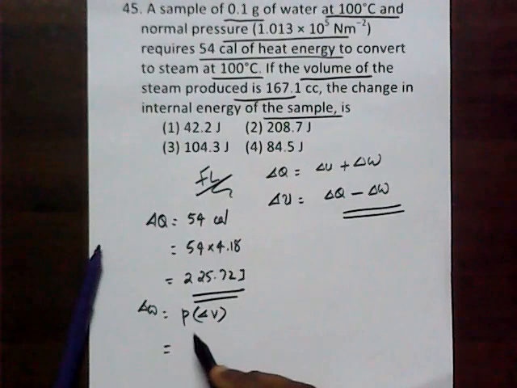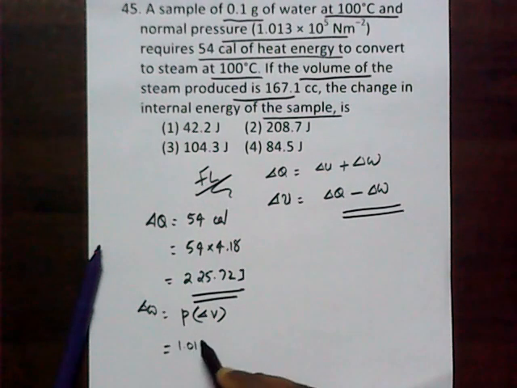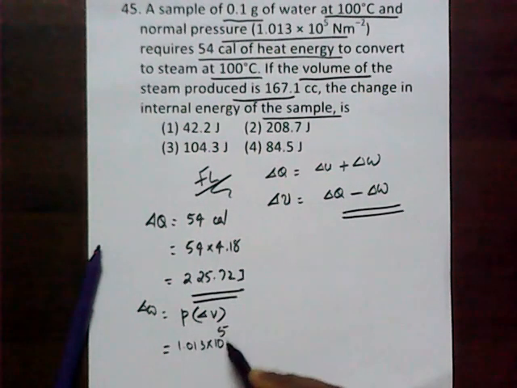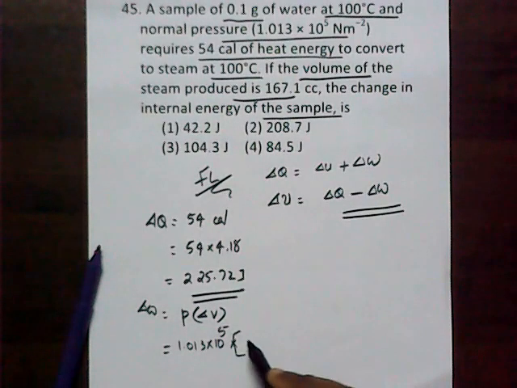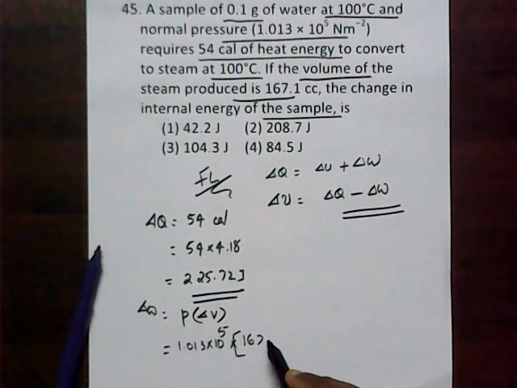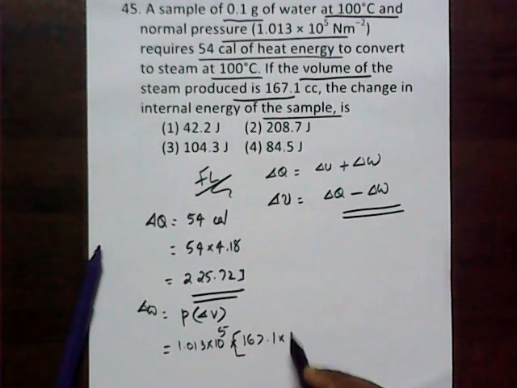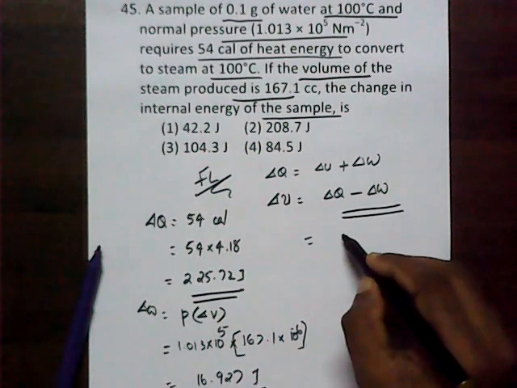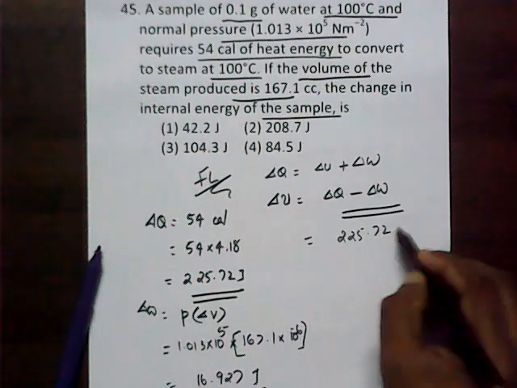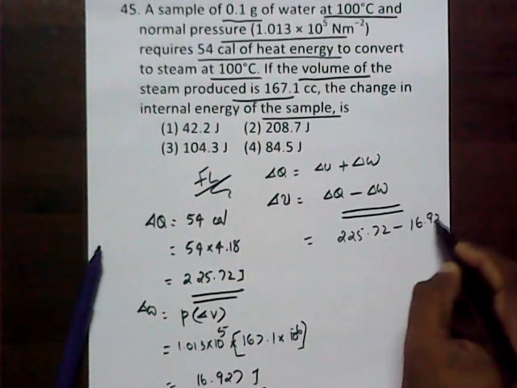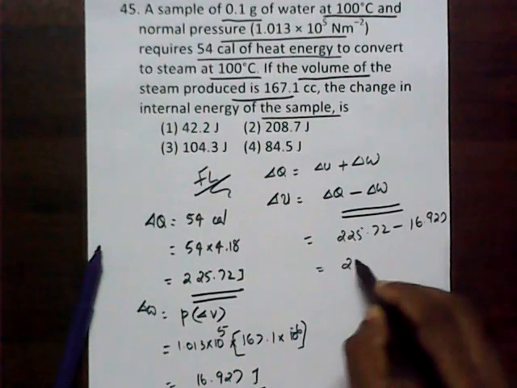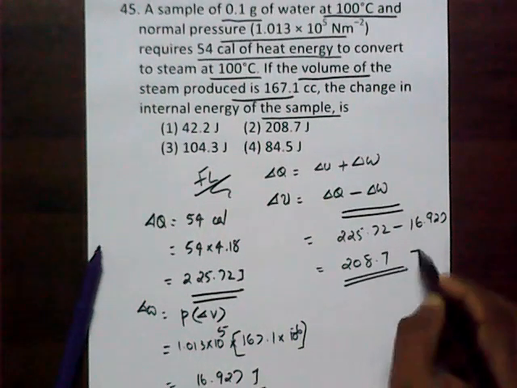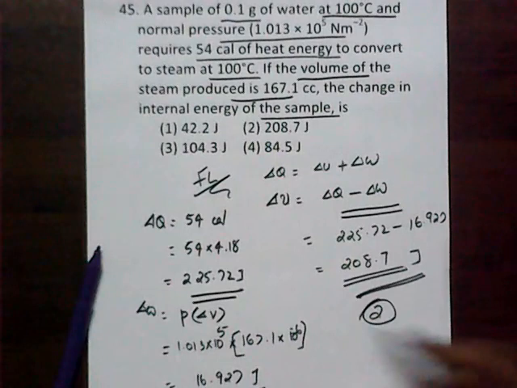The pressure is atmospheric pressure, 10 raised to 5, into the volume change 167.1 cc, that is 10 raised to minus 6. So you get the value as 16.927 joule. So delta U is equal to 225.72 minus 16.927. You get the value 208.7 joule. So we get the answer as 2.